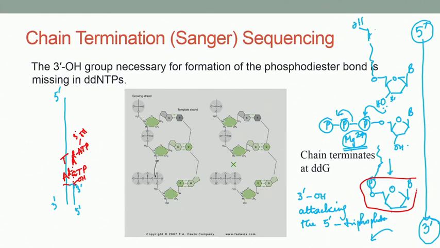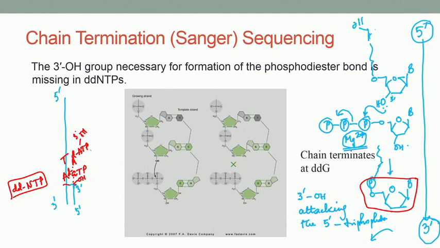So, he also added the dideoxynucleoside triphosphate. And what will happen, when there is requirement of suppose A, there will always be dATP there, because you have to add that to increase the chain.